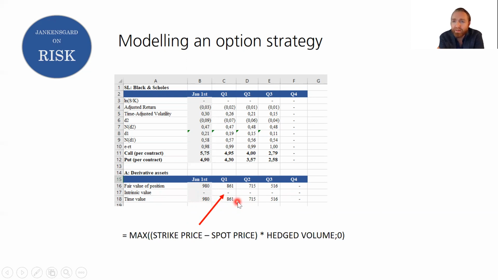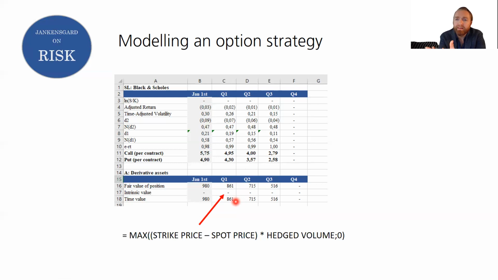An option can have a positive value even when you're out of the money. Because there's always the chance that the price will move in such a way so as to get you in the money, and then it will have a positive payoff.